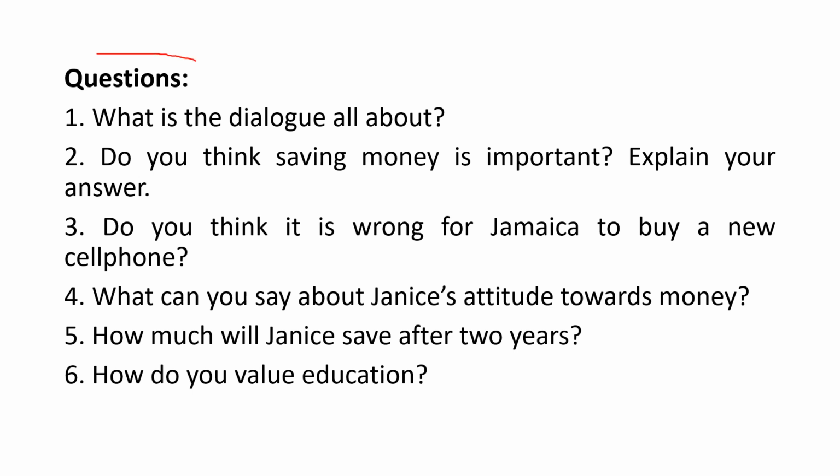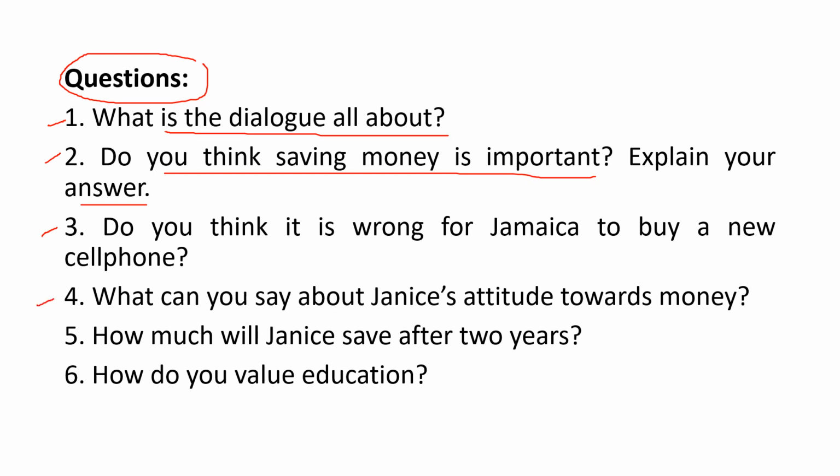So these are the guide questions for us to go deeper with the conversation of Janice and Jamaica. For the first question, what is the dialogue all about? Second, do you think saving money is important? So you can explain your answer. And third, do you think it is wrong for Jamaica to buy a new cell phone?